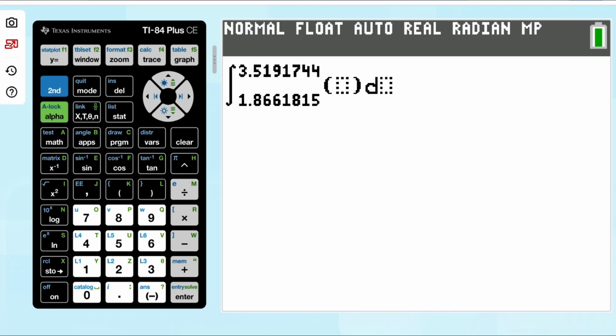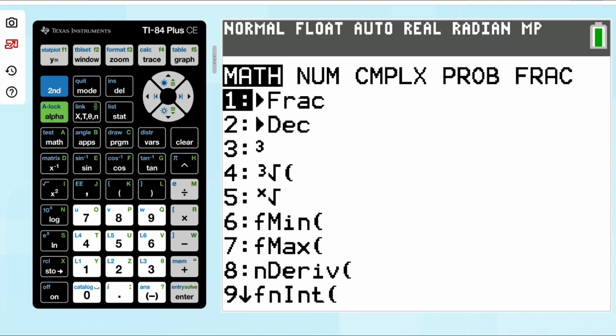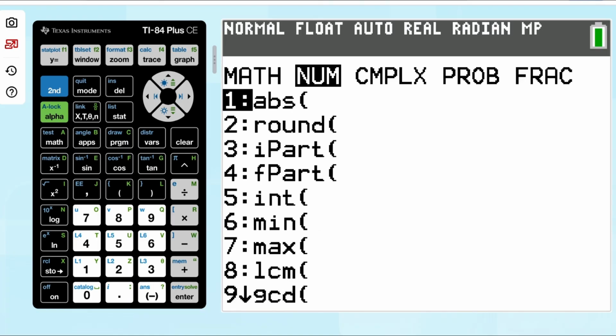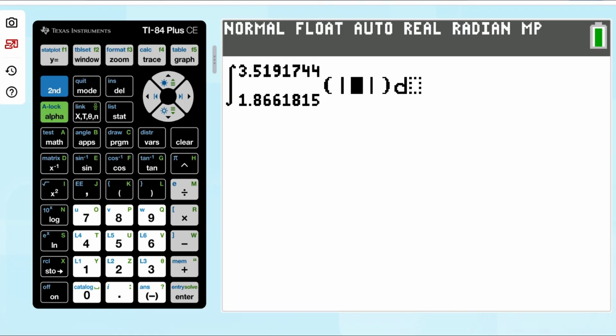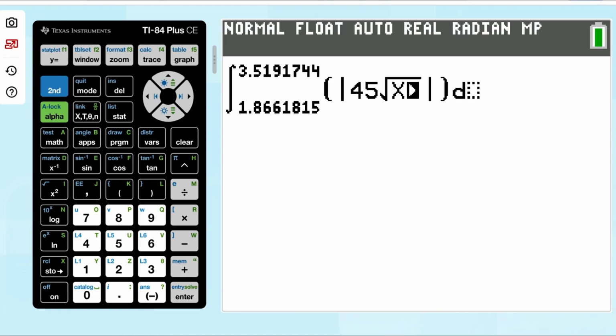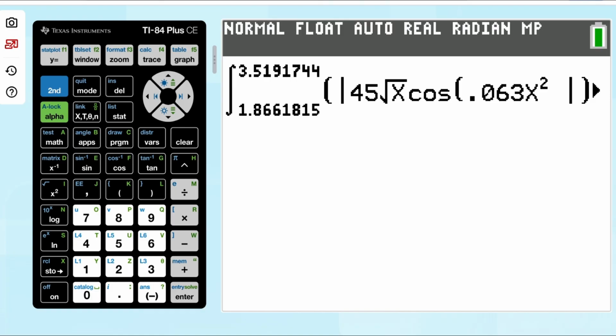We had the function minus 60. So we should really go back and not use y1 like we've done some other times, because we had the function minus 60. So we'll hit math and go to the second column for absolute value first, and then we'll just put our function in, which was 45 square root x, and then it was cosine of 0.063 x squared.